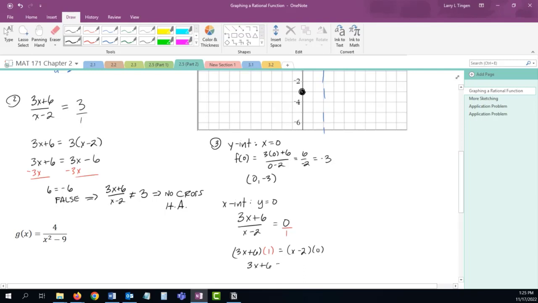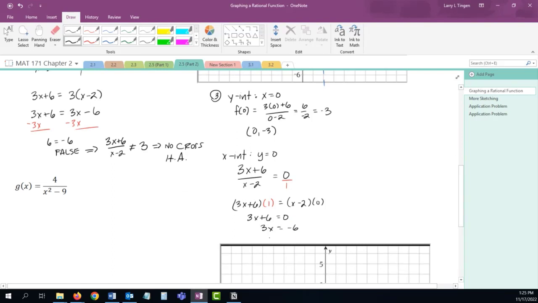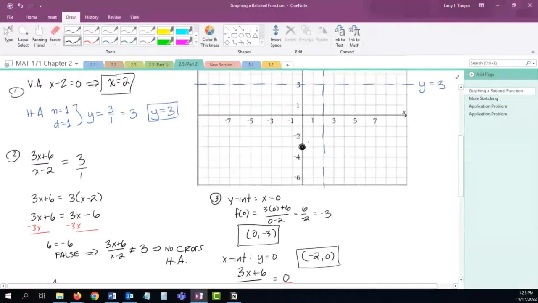So I end up with 3x plus 6 equals 0, which means 3x is negative 6, which means x is negative 2. So I end up with the point negative 2, 0. Where is negative 2, 0? It's right here. Okay, so I have 2 points. They're both in the same section though, all right?